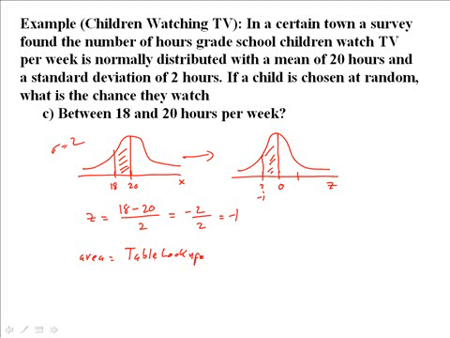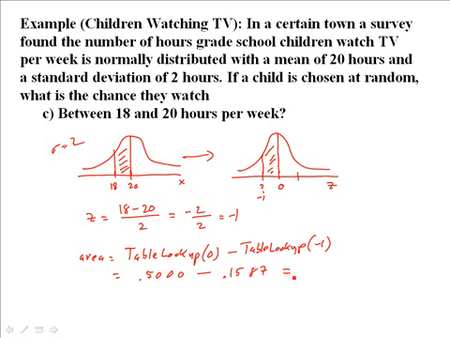So I'm going to do a table lookup of 0 minus a table lookup of minus 1. All right, so the table lookup of 0, of course, that's 50% of the area. So I could have guessed that. I didn't need the table to look that up. But the table lookup for minus 1 is 0.1587.